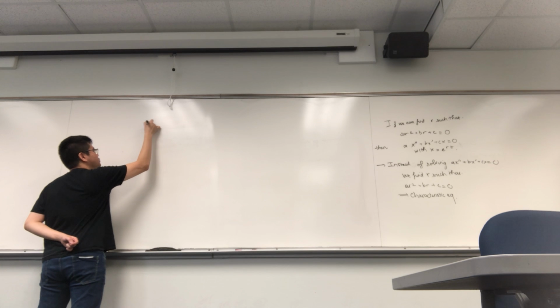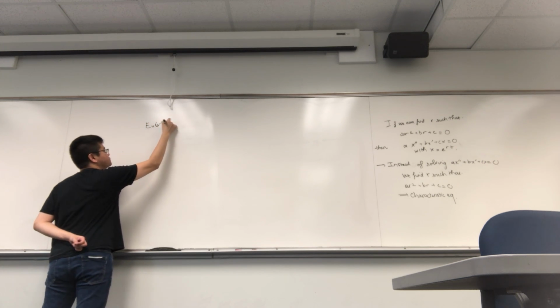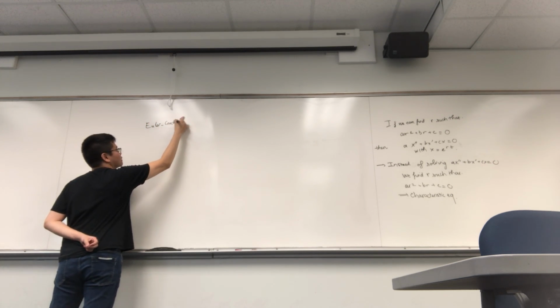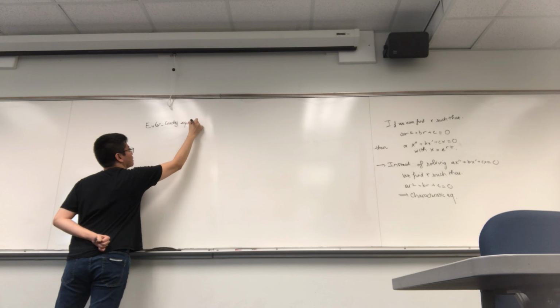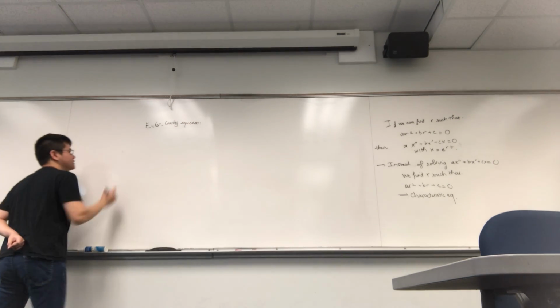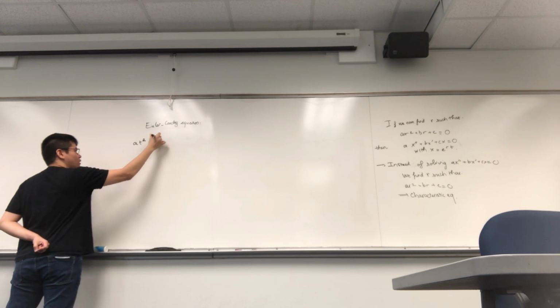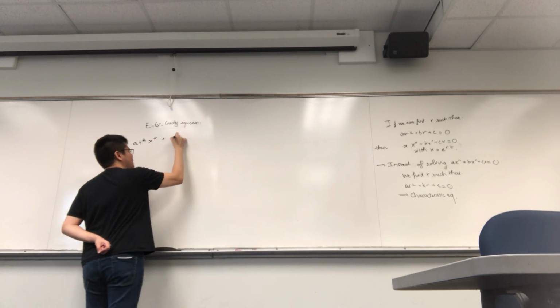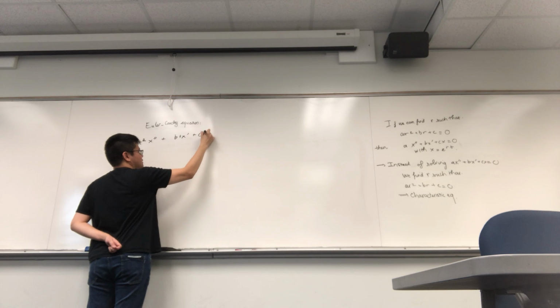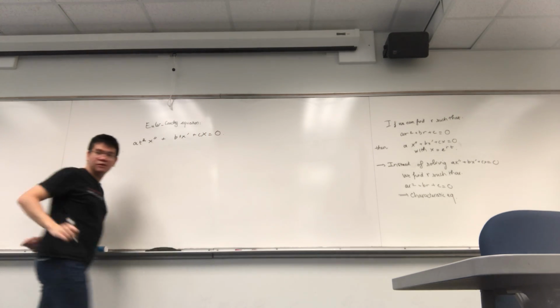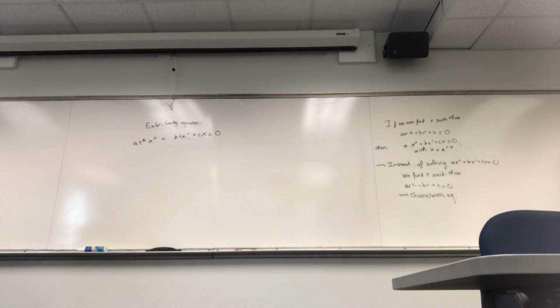So, the Euler-Cauchy equation. In this Euler-Cauchy equation, you have a t^2 x'' + b t x' + c x = 0, right? And we want to find something similar to the previous characteristic equation.